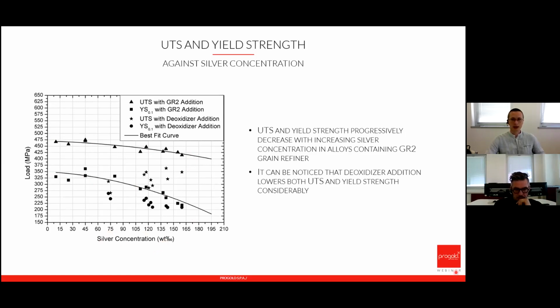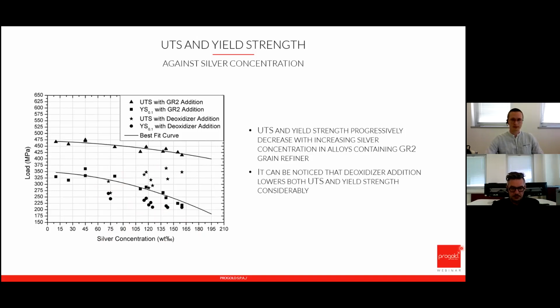Regarding the alloys containing the deoxidizer, it is clear that they have very low mechanical properties in comparison with the grain refined ones. There is no evident trend for such alloys, and this graph could add, for example, that if you are producing cast items, it's not always required to use deoxidizer.